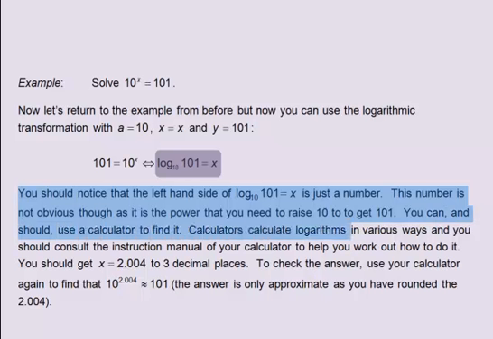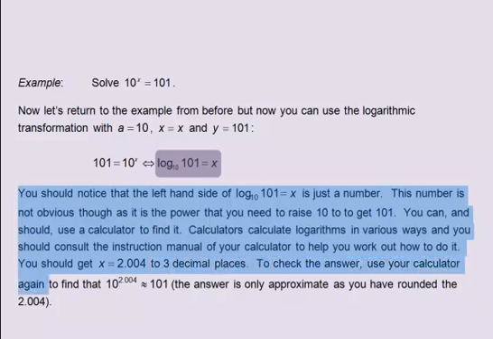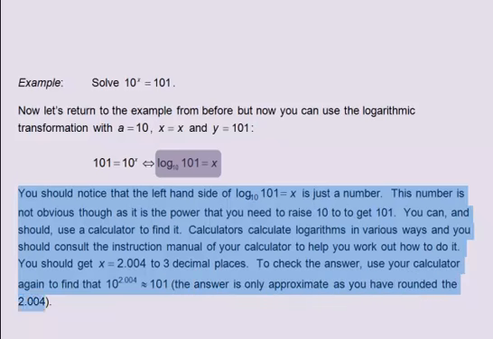Calculators calculate logarithms in various ways, and you should consult the instruction manual of your calculator to help you work out how to do it. You should get x equals 2.004 to 3 decimal places. To check the answer, use your calculator again to find that 10 to the power 2.004 is about 101. The answer is only approximate as you have rounded the 2.004.